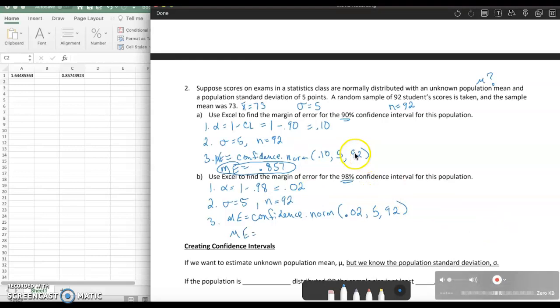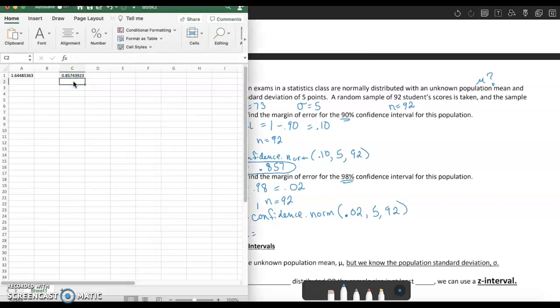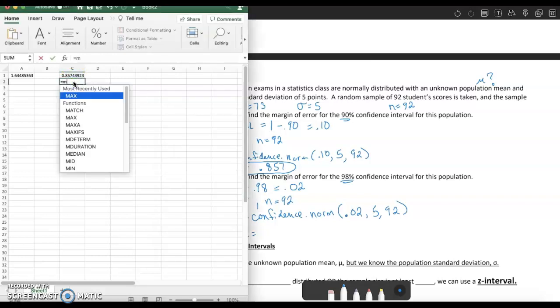And we should know sort of what to expect. We just bumped up from a 90% confidence level to a 98. So we're being more confident in what we're saying here. More confidence should result in a larger margin of error and a larger interval overall. So let's see if we get what we're expecting. Do we get a larger margin of error here?